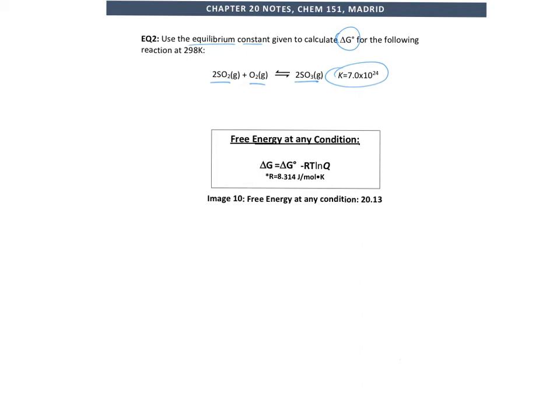All right, so using my delta G naught equation from the previous page, I have delta G naught is equal to negative RT natural log of K. I'm going to plug in all my values. So delta G naught is equal to negative 8.314 joules per mole Kelvin times 298 K, which is given in the problem.